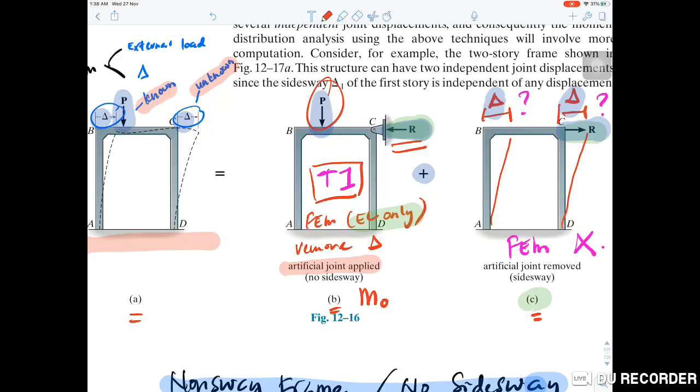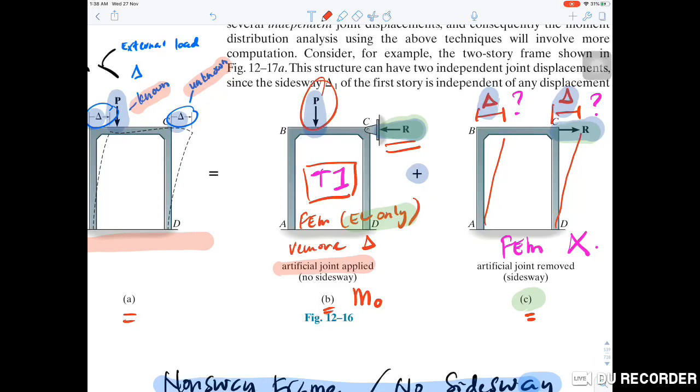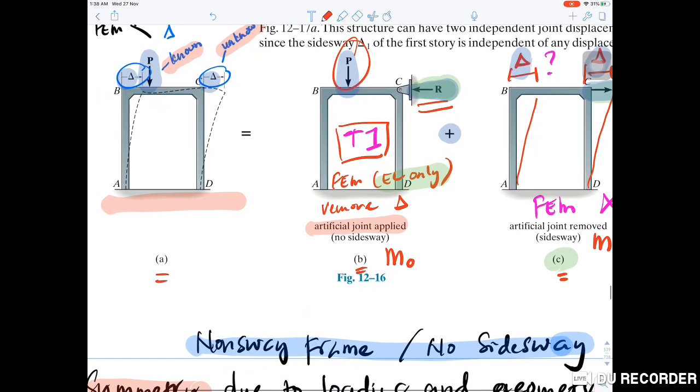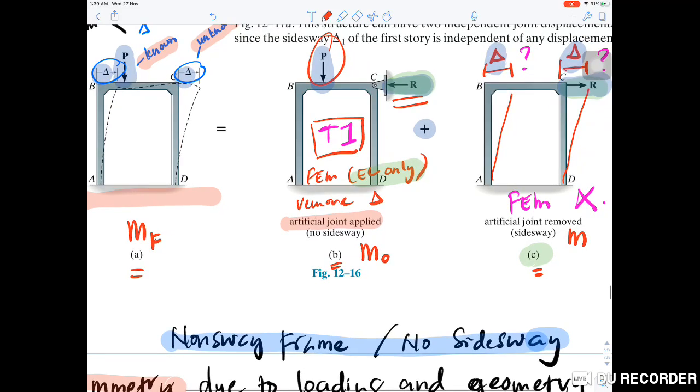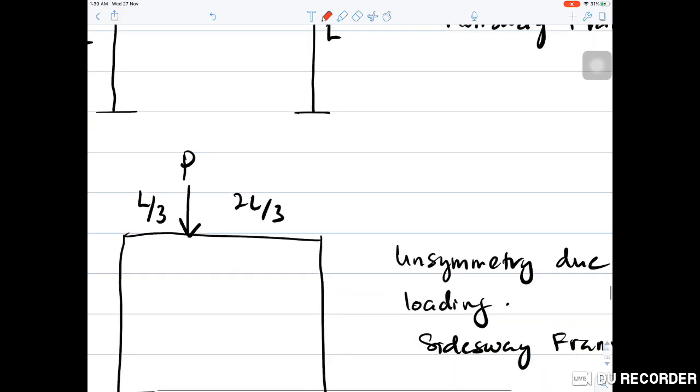In C, M is the end moment. So the final end moment for A, let's say M final. So A is equal to B plus C, so M final is equal to M naught plus M.